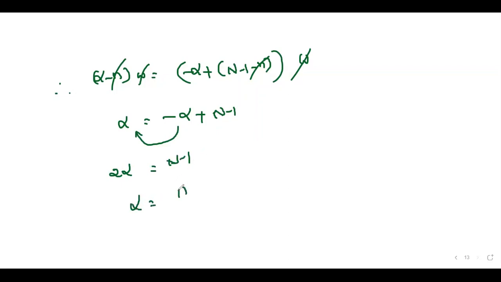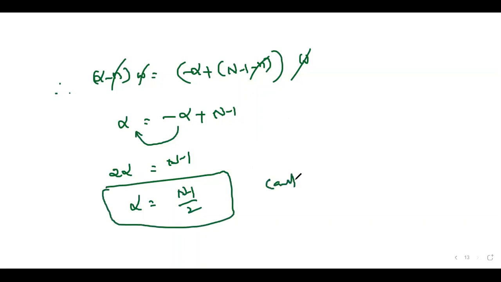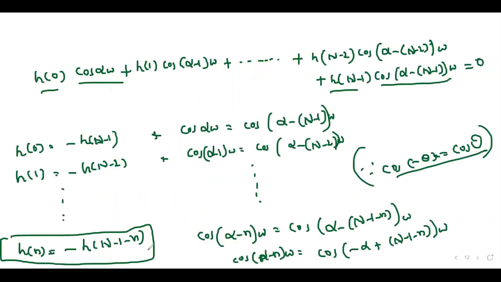Therefore, alpha is equal to n minus 1 by 2. So center of symmetry again you got at n minus 1 by 2 only. It is called center of symmetry.